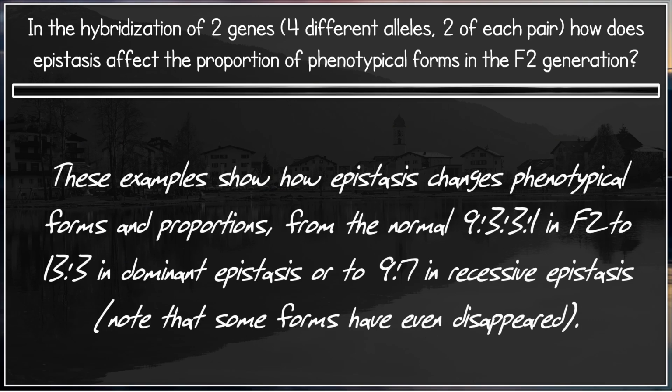This example shows how epistasis changes the phenotypic forms and proportions from the normal 9 to 3 to 3 to 1 in F2, to 13 to 3 in dominant epistasis, to 9 to 7 in recessive epistasis. Note that some forms even disappear.